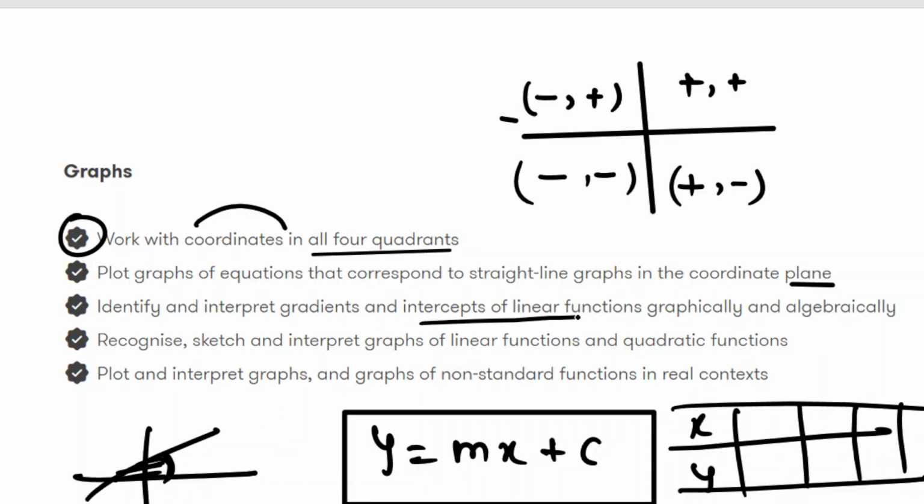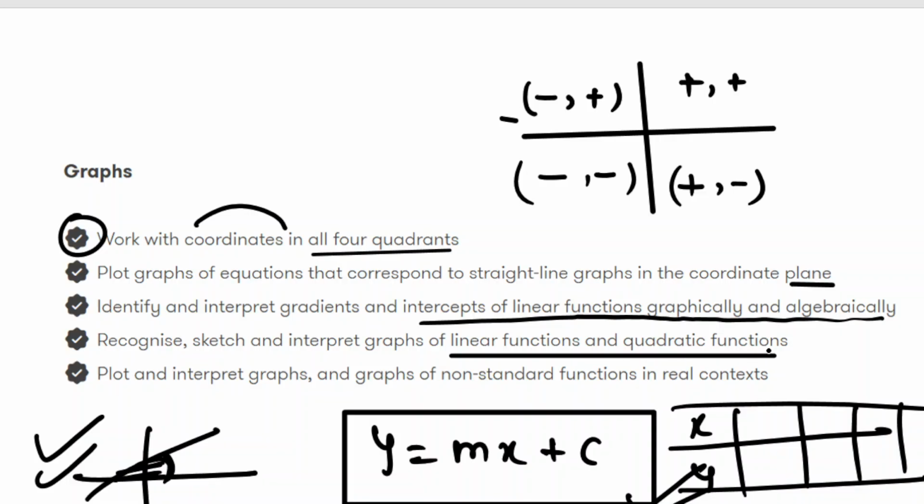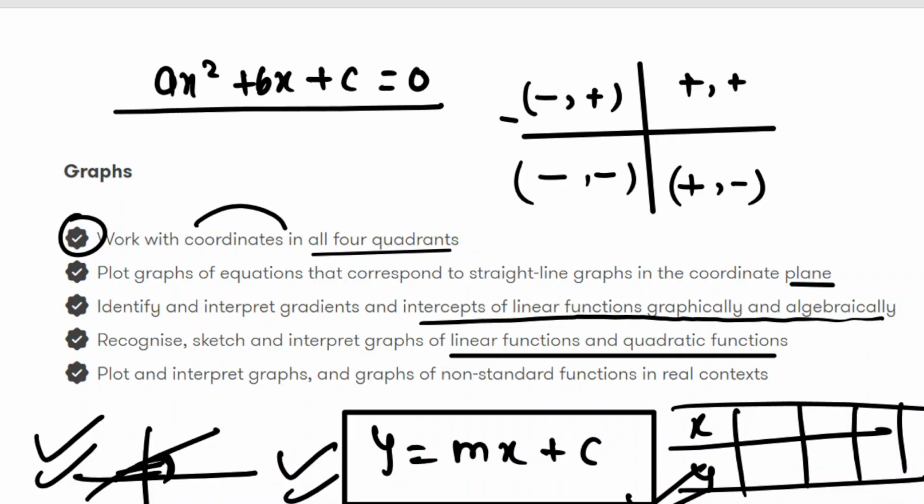And intercepts of linear functions, graphically and algebraically. Recognize, sketch, and interpret graphs of linear functions and quadratic functions. A linear function is this. Quadratic functions: ax² + bx + c = 0. Plot and interpret graphs of non-standard functions in real contexts. If you put in the values, we will get the graph.